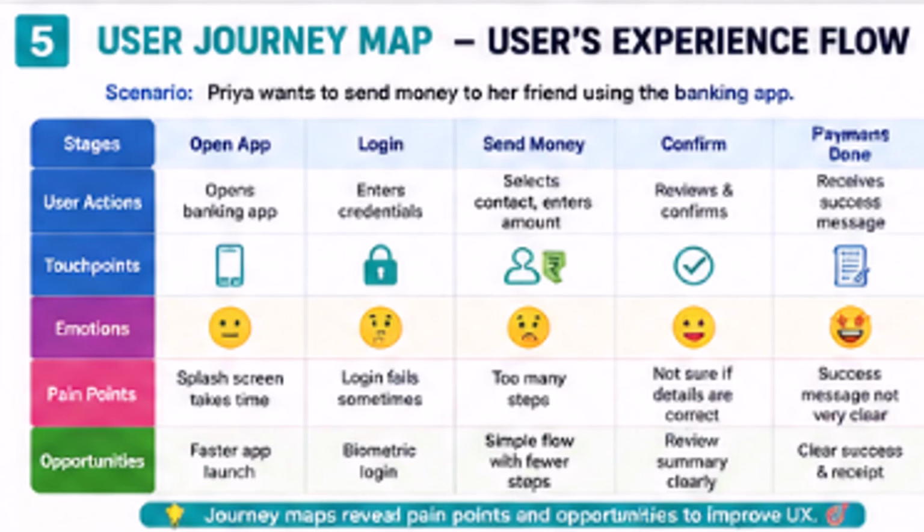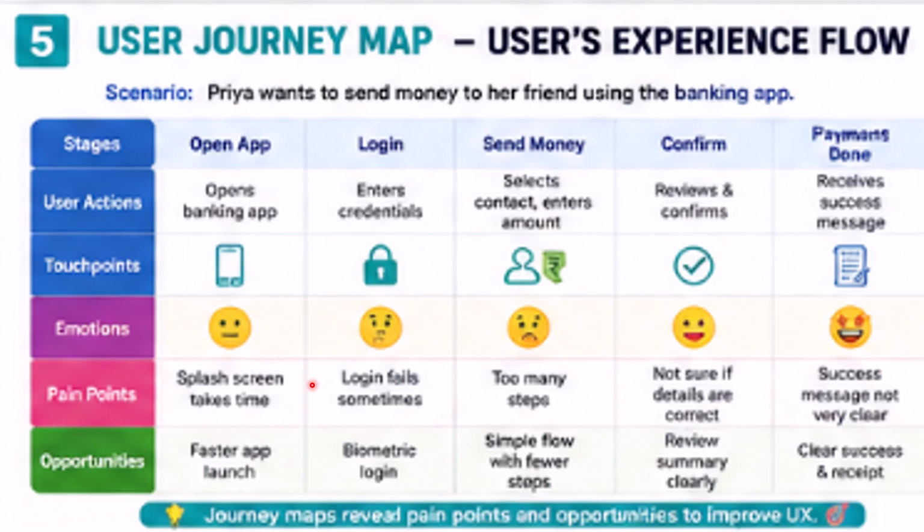Now, user journey map, that is the user's experience flow. It visually represents the steps a user takes while interacting with a product or service. In this example, Priya wants to send money using a banking application. Her journey starts with opening the app, logging in, entering payment details, confirming the transaction, and receiving a success message.